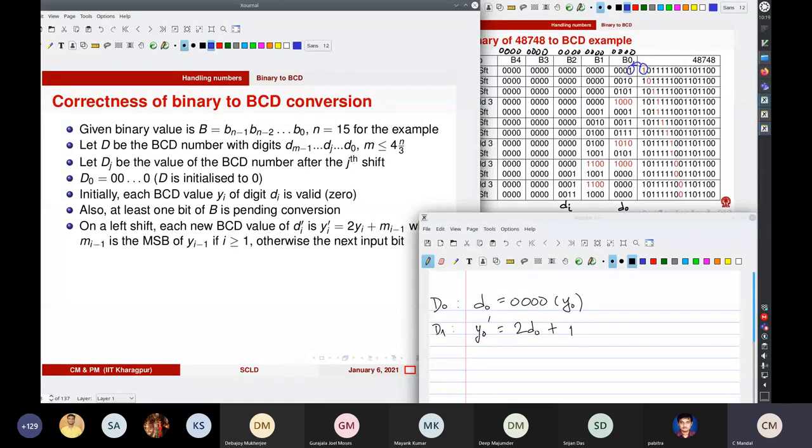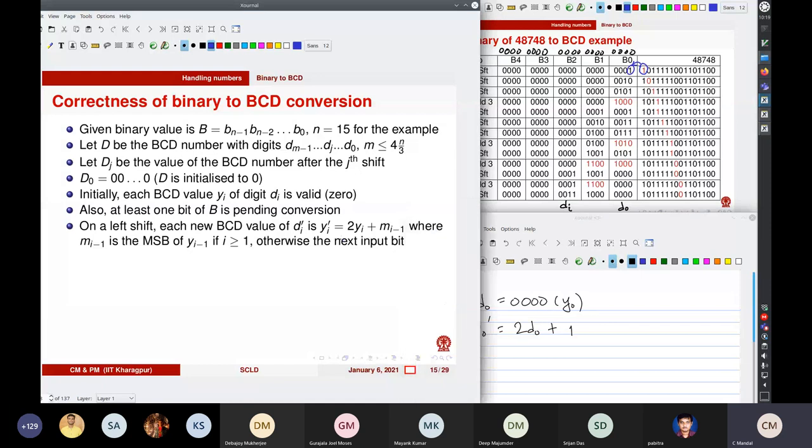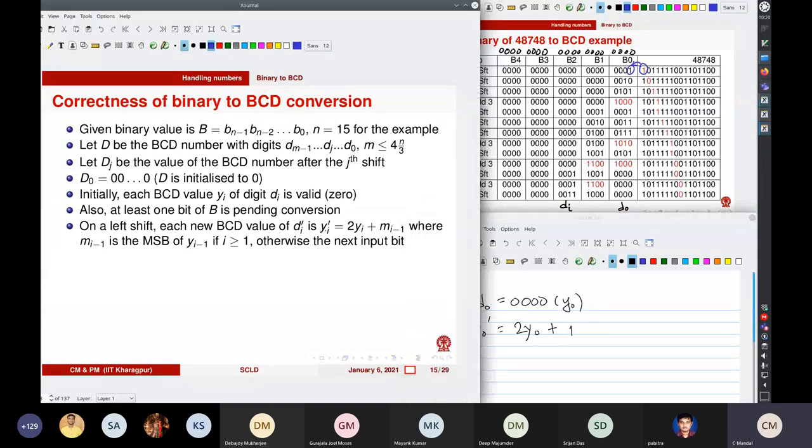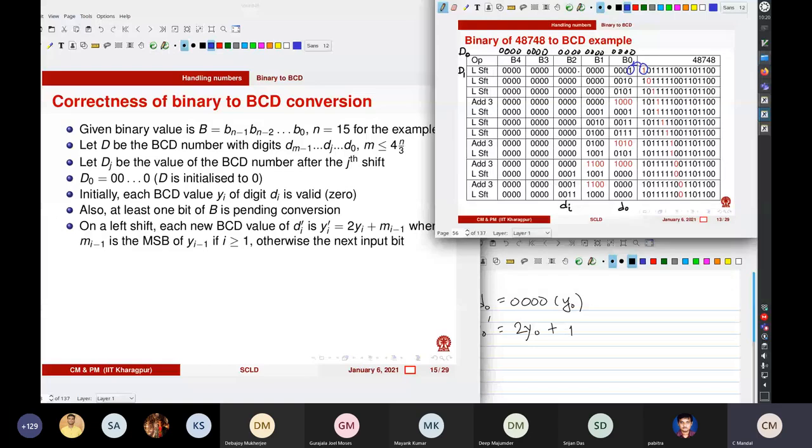We will follow this convention. So y0 dash is 2 y0 plus mi minus 1. So you will have the situation.